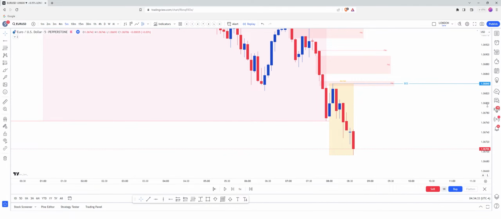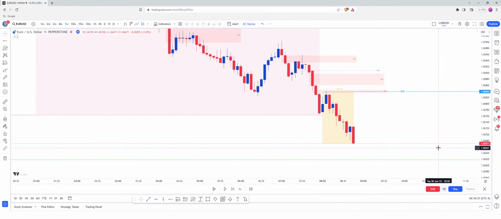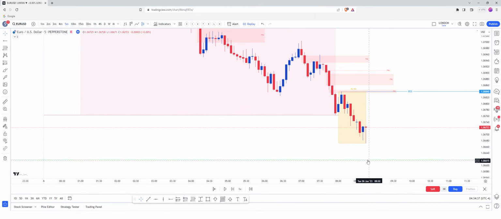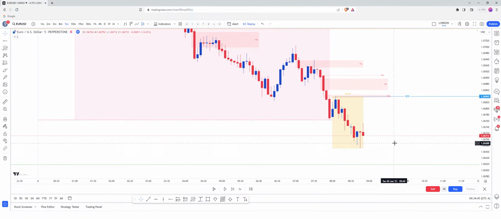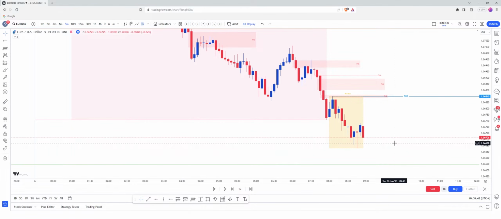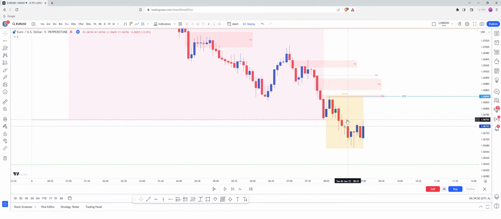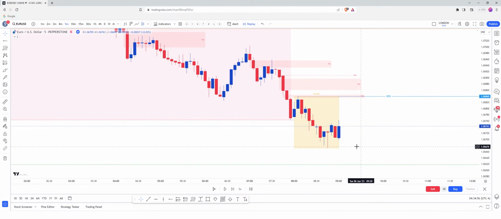Price is continuing down. We can see we do have untapped liquidity below us here, so we could be reaching for this. Our break of structure is still here, so we've not put in a new swing high at the moment. So we do have a swing high here. However, this isn't a valid swing high for our break of structure because this swing high did not cause a new lower low.